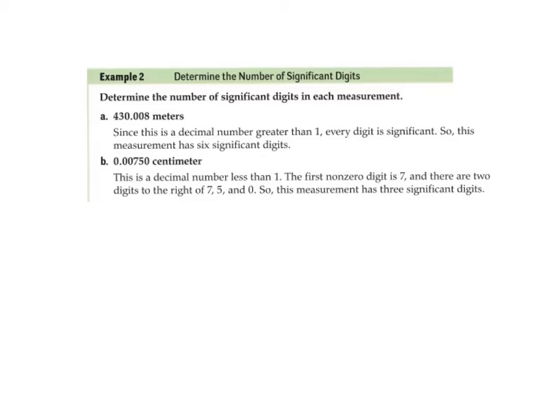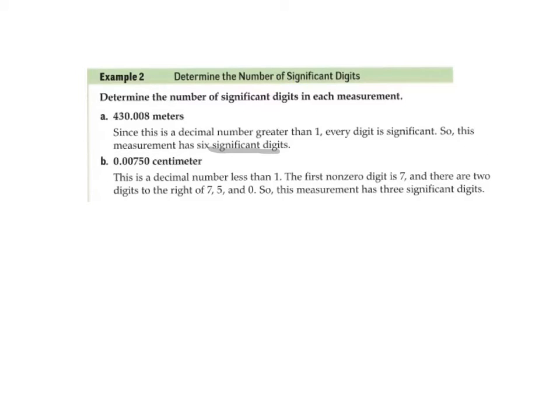In example 2, what we're doing now is going back to significant figures. Don't forget, when you use significant figures, you always start from left to right and start at the first non-zero. If you look at A, every digit is significant, so this is 6 significant figures.